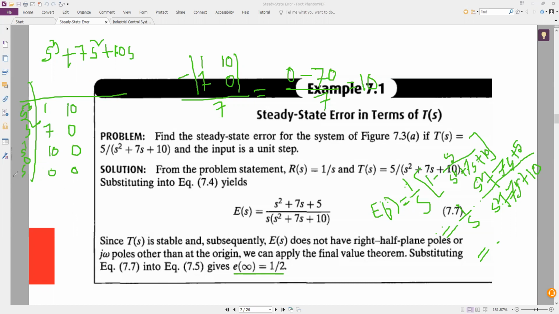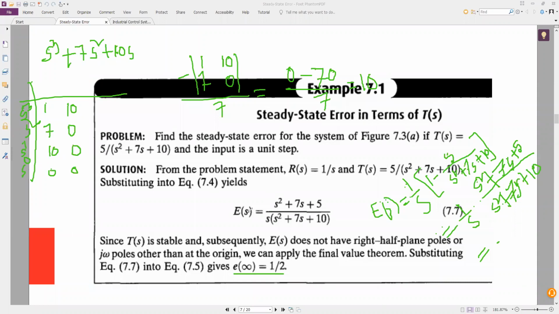So no change, see, no change. So it does not have right half plane poles or jomega axis poles other than the one at the origin. Since there is no sign change in the first column, it is a stable system, so we can apply the final value theorem.